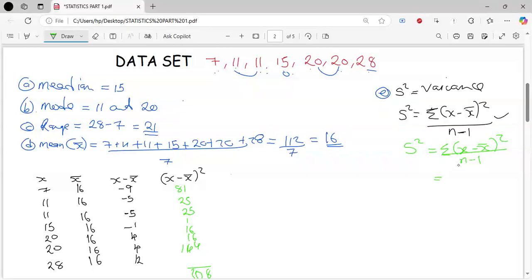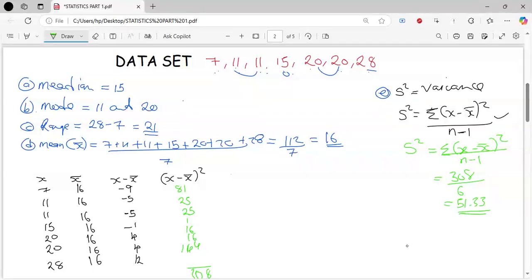So on top there we have 308 over n, which is 7. So 7 minus 1 will be 6. From there we divide. What are we going to get? 51.333. So 51.33 continues like that, so I'll just end there.